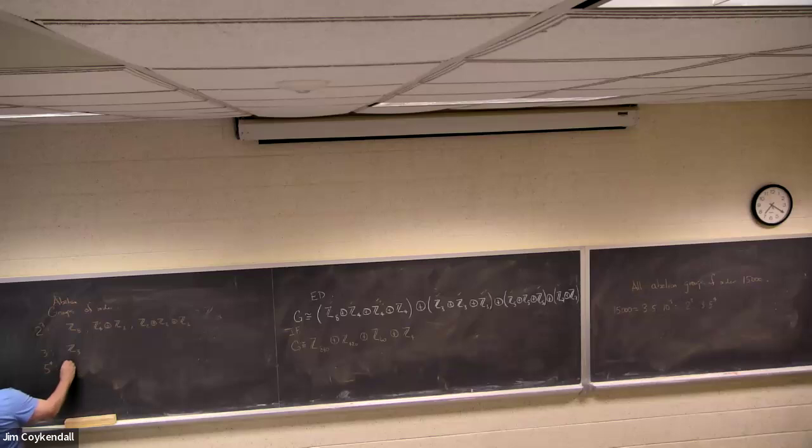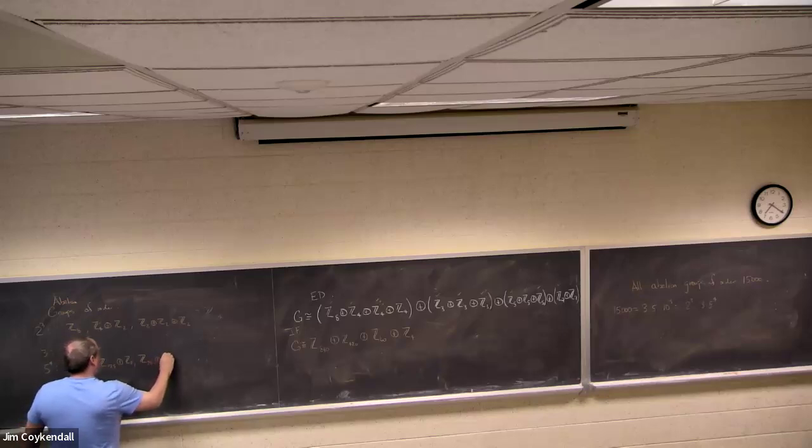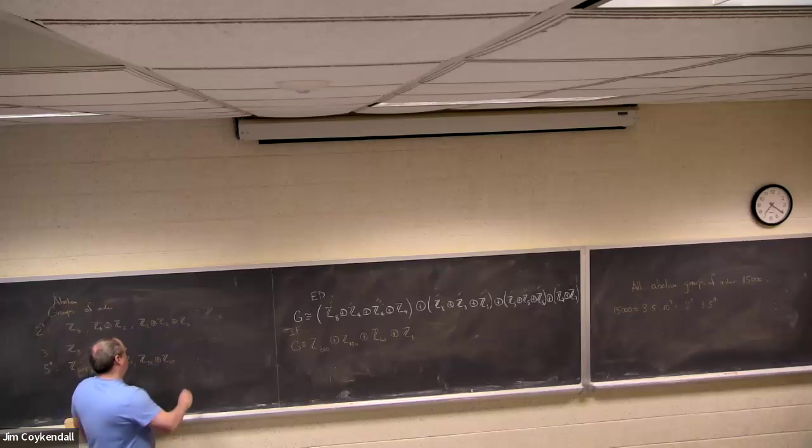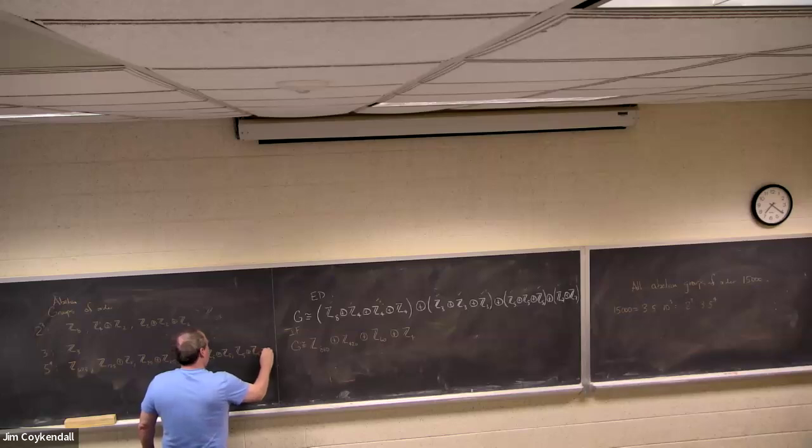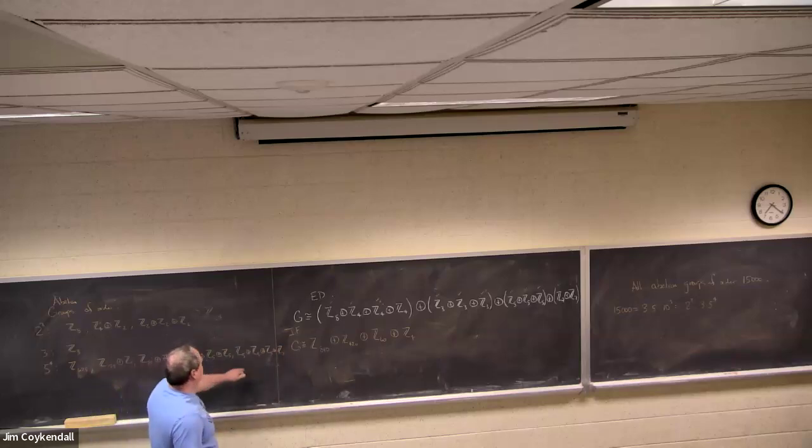Groups of order 5 to the 4th: we have C of the 4th power, and the 3rd power plus 1, and 2 squares, and so on. There are 5 partitions of 4.